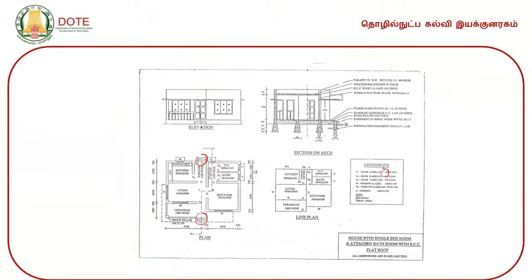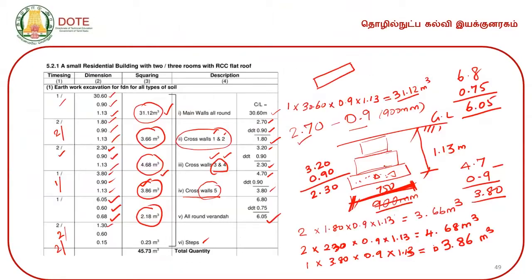We allow projection, assuming 0.15 meter bearing on each side. The total length is 1.3 meter.